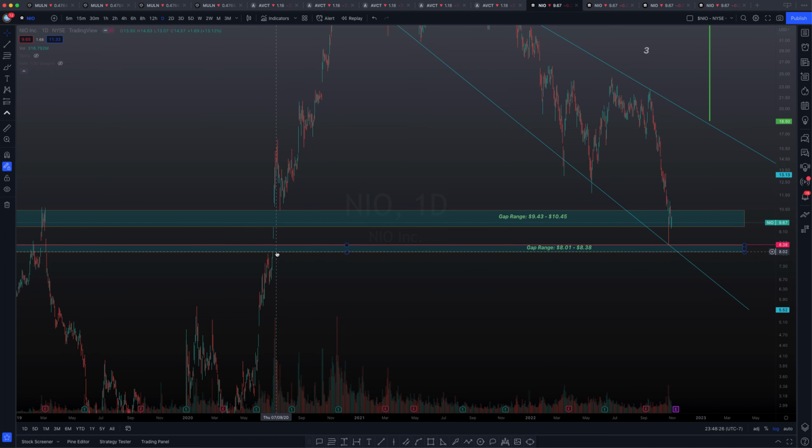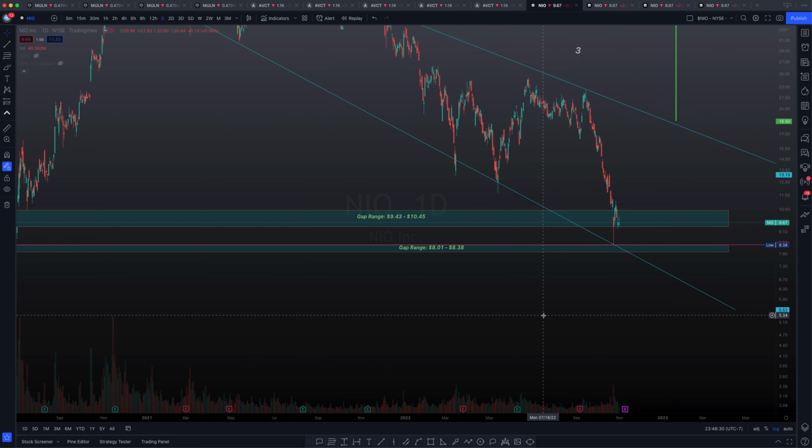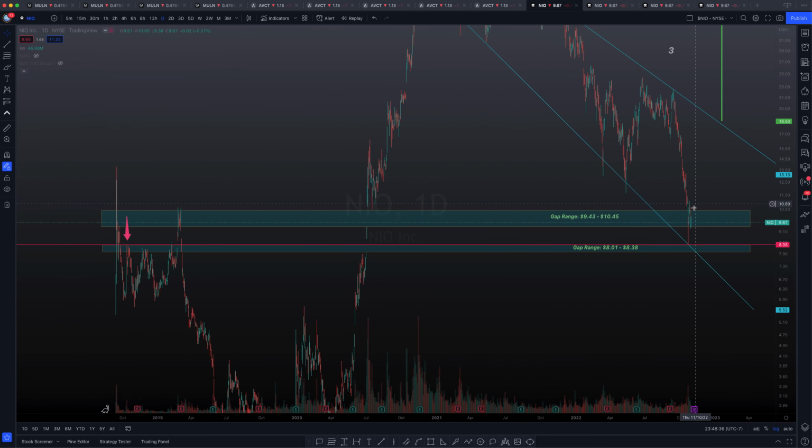And right over here, we did have another gap, but the weekly closure that we got recently with this candle covered this entire gap, and we covered this next gap to a certain point though.